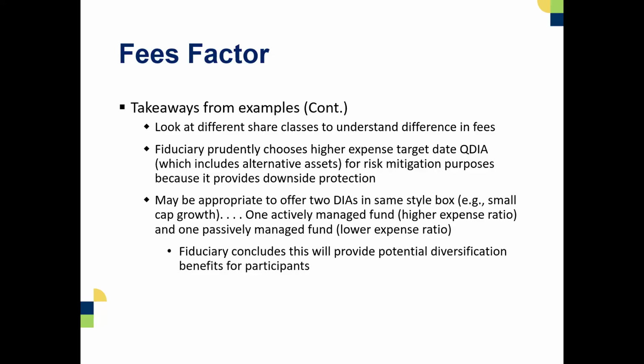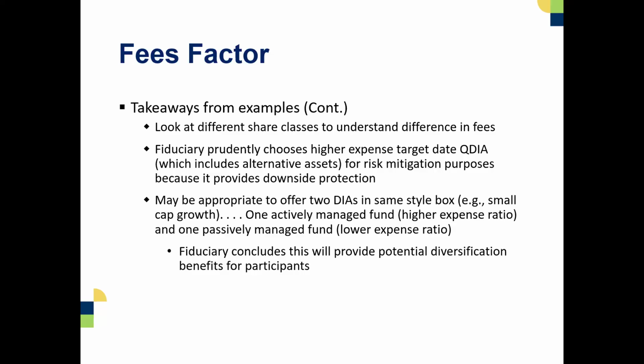There's also an example in the proposed rule where a fiduciary ends up selecting a higher expense target date qualified default investment alternative, and it's a higher expense target date fund because there's some alternative assets in that target date fund.